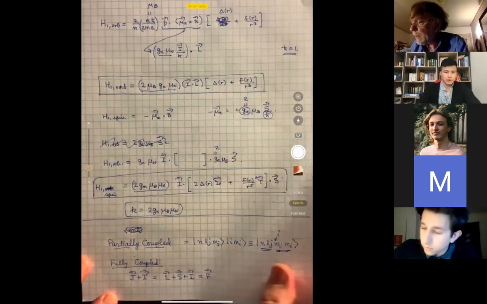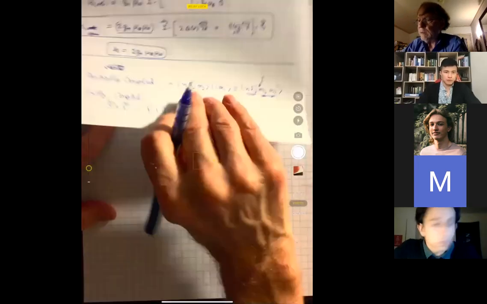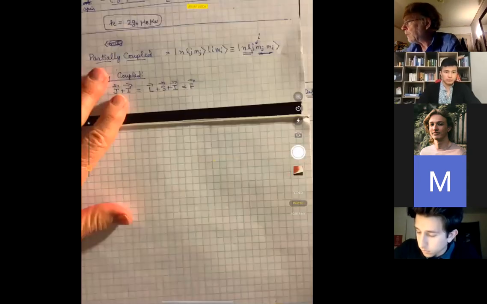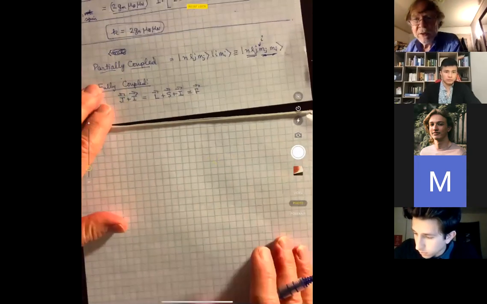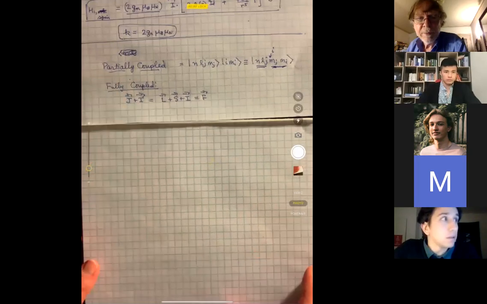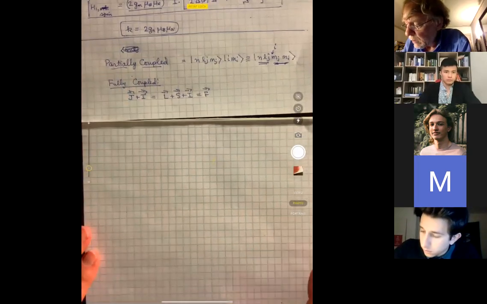And so the fully coupled basis then is going to look like this.